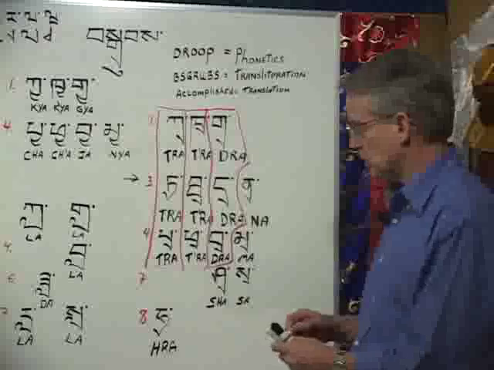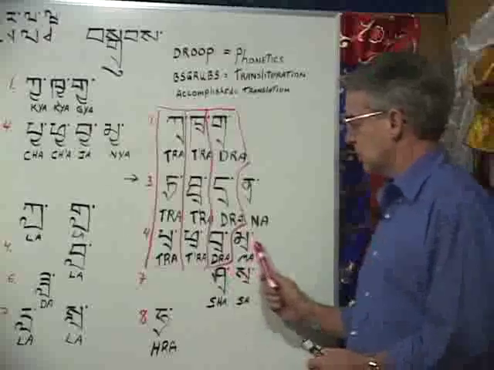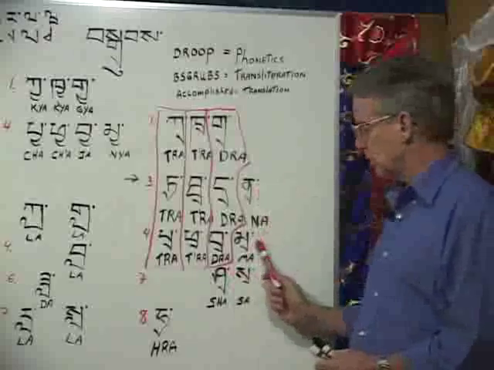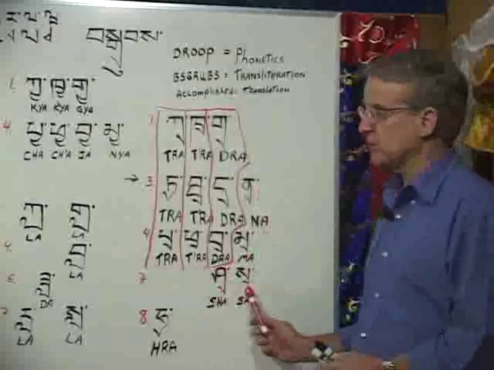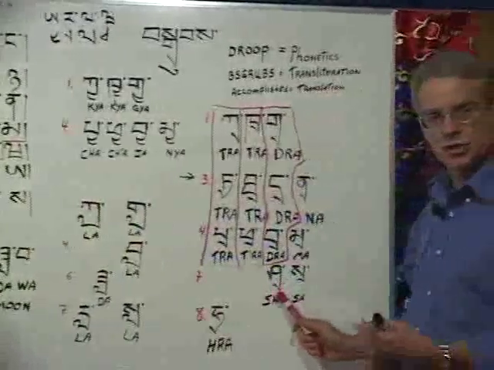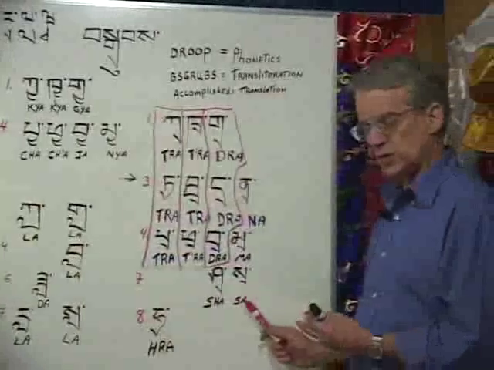Those outside the box do not change pronunciation. So we have na rata na, ma rata ma. And then down from the 7th row of the alphabet, sha rata sha, sa rata sa.